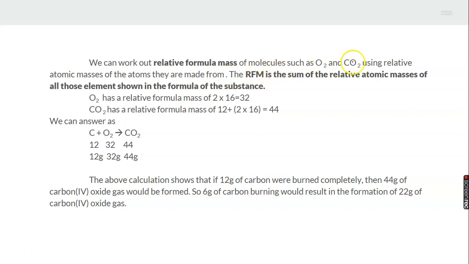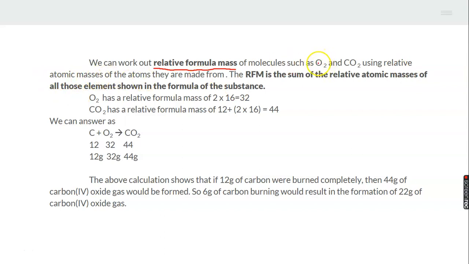For instance, when we are talking of relative formula mass, don't forget it has to do with a compound or molecule. Since we have O2, that means 2 oxygen, we have to calculate the relative formula mass, and we have CO2, we have to calculate the relative formula mass of carbon dioxide too. And how can we do that? We can only do that using the relative atomic masses of each atom they contain.